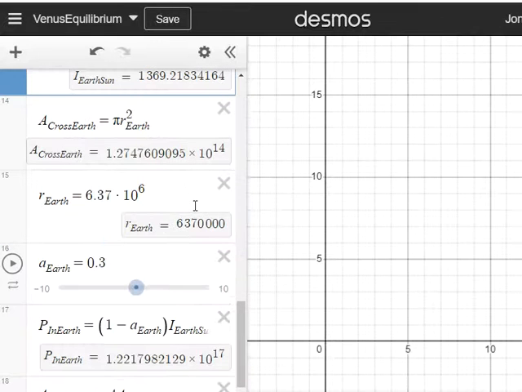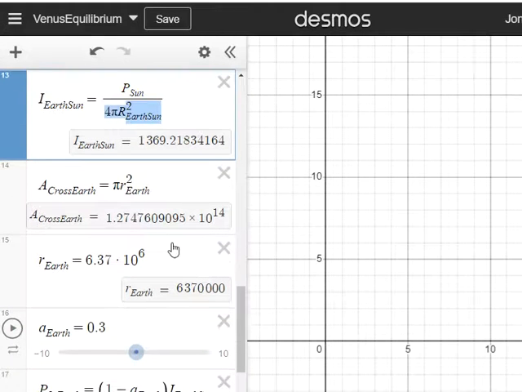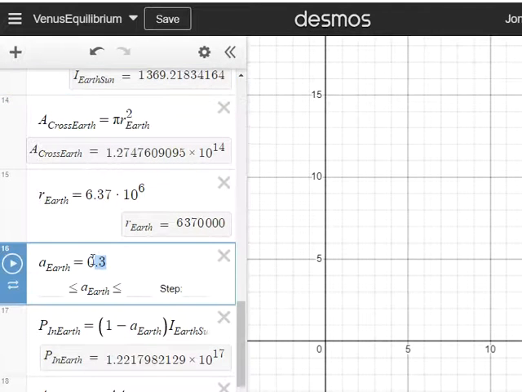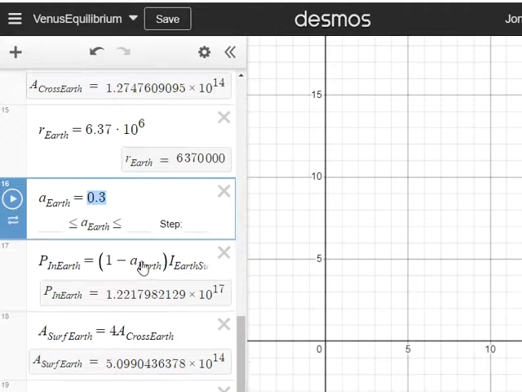But then the cross-sectional area of the Earth is pi times the radius of Earth squared, which is about 6.37 million meters. This is the albedo of Earth that tells us about how much of the sun's rays are just reflected off without adding any heat to our system.